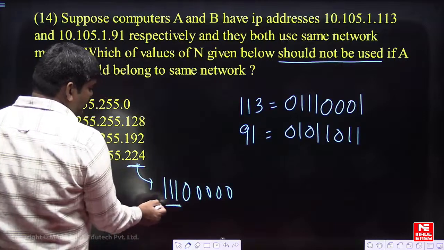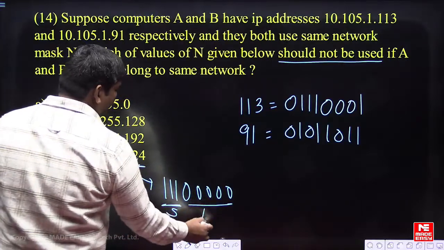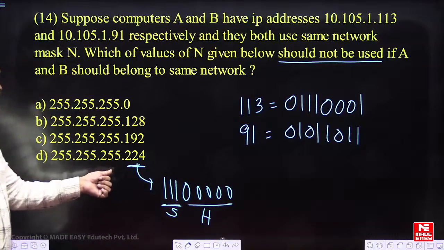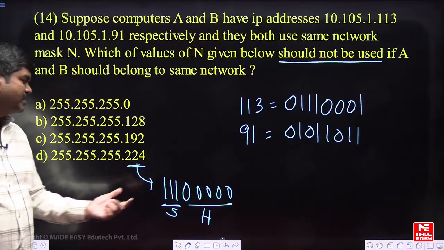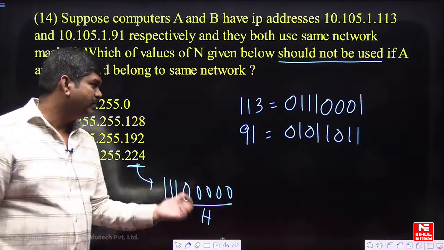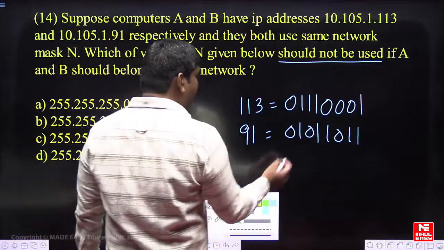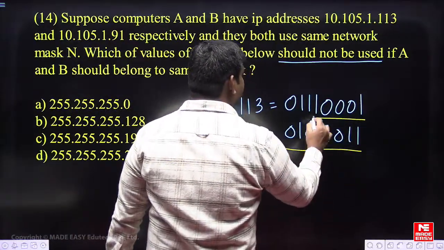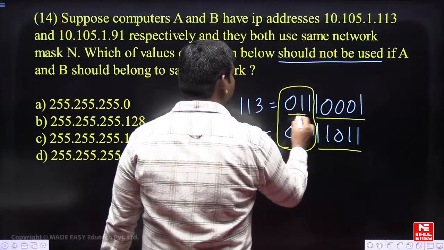So these 3 ones are the subnet bits and the remaining are the host bits. This gives a clear idea. These 3 ones along with the remaining 24 ones are the prefix, and the remaining 5 are the host bits. If you observe here, the prefix is different.